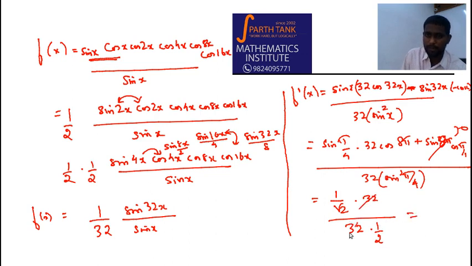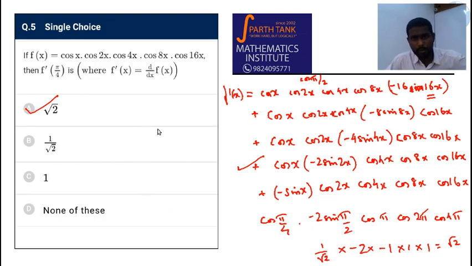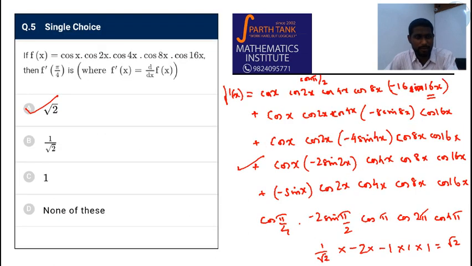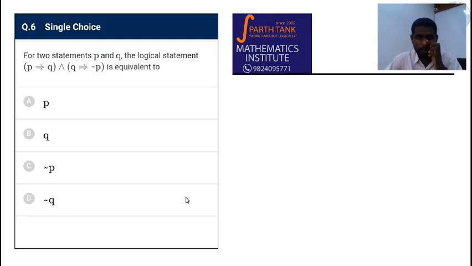So this 32 and 32 are gone, and I get 2 by root 2, which is root 2 again. The same answer. You do it whichever way you want. This is simple but lengthy. This is a little more elegant. Be careful with the differentiation and all. So the answer is the same, root 2.